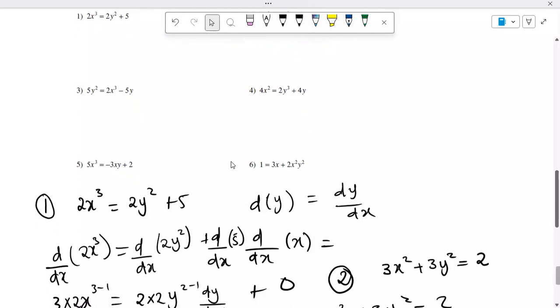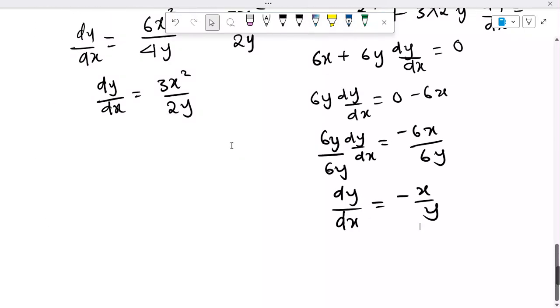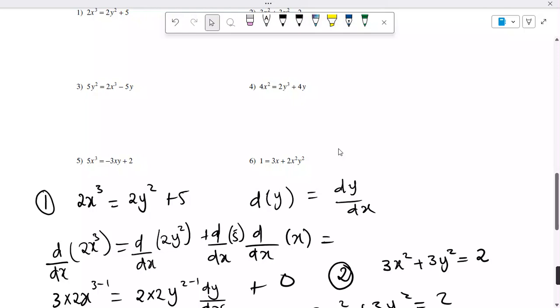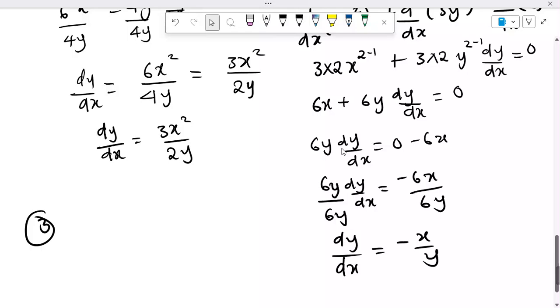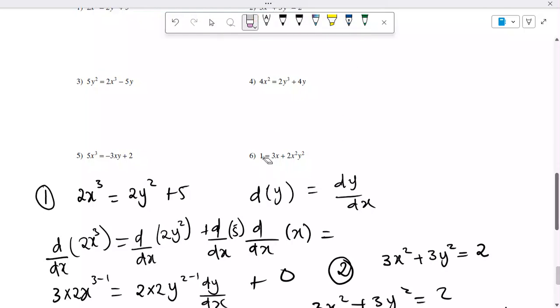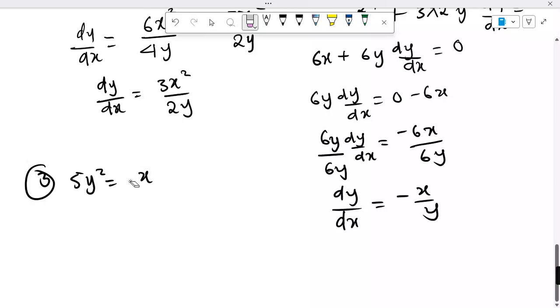Okay, number 3. So number 3 we have what? 5y squared equals 2x to the power 3.